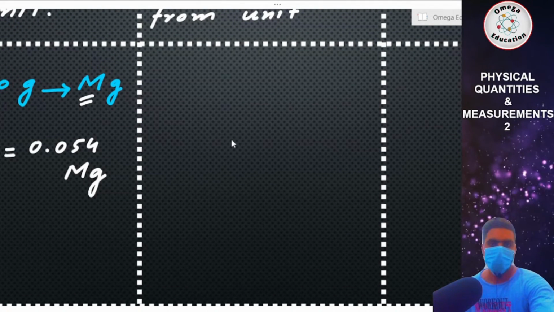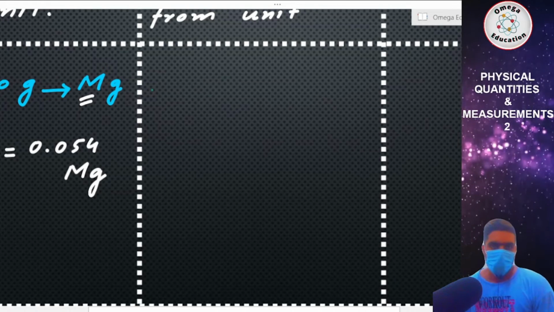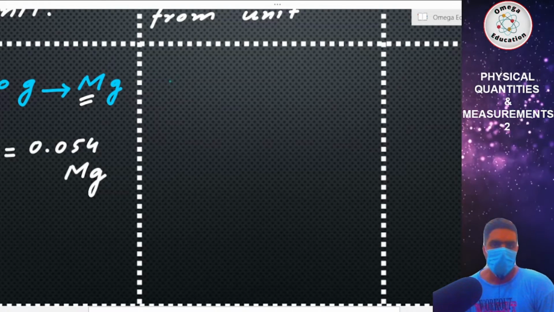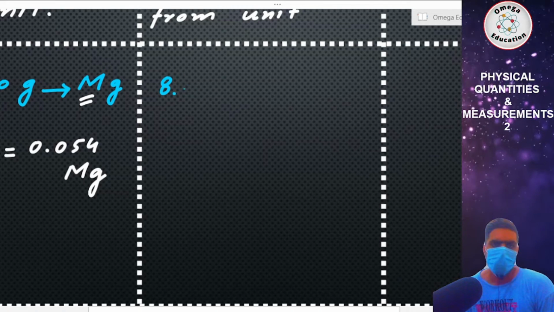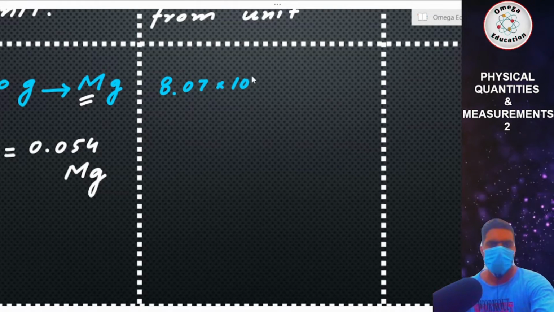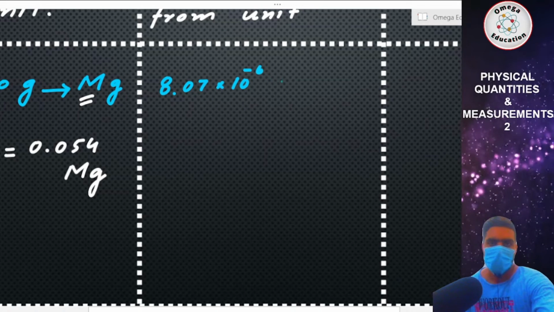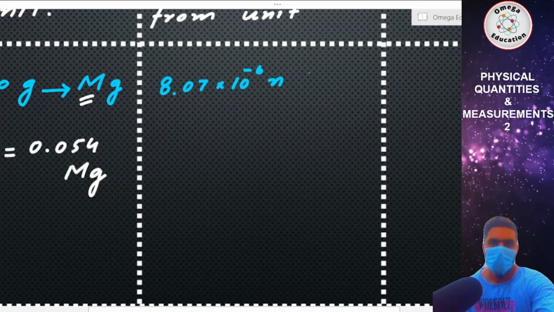Let's say we are provided with a physical quantity 8.07 into 10 to the power, let's say minus 6, and capital W stands for watts.